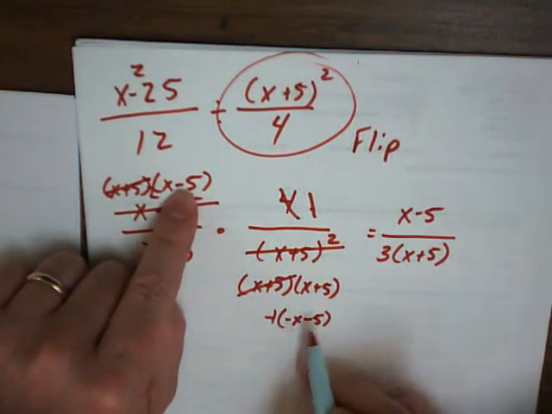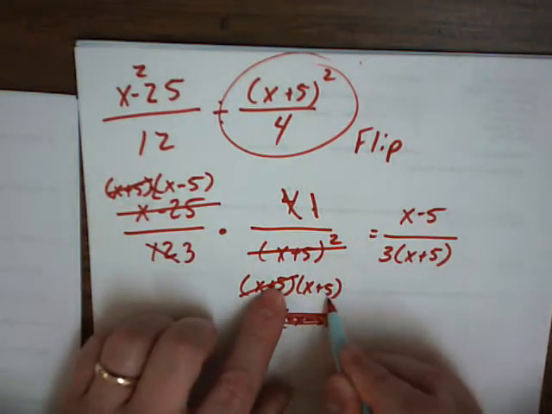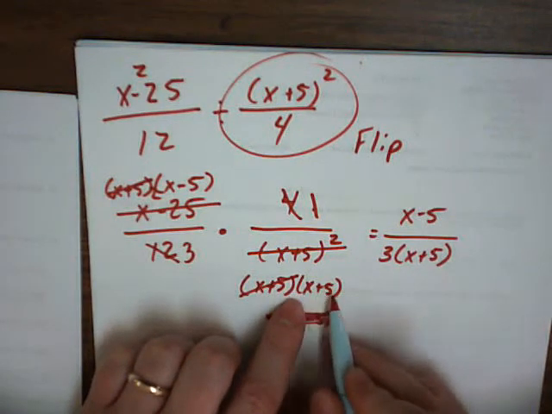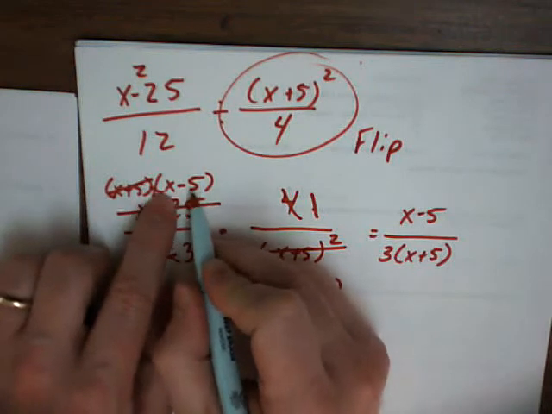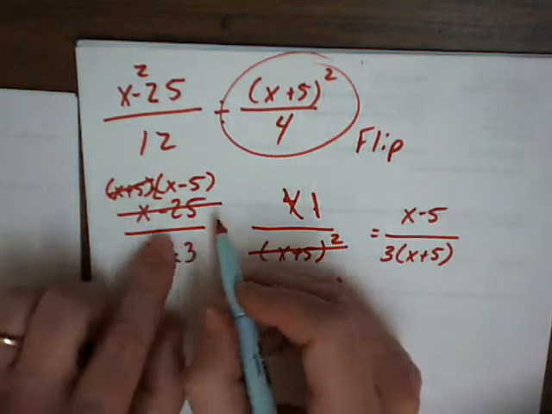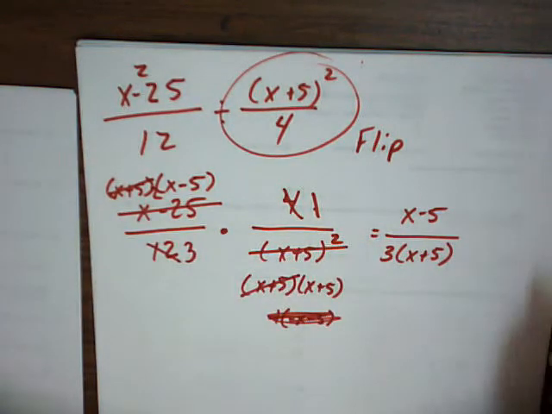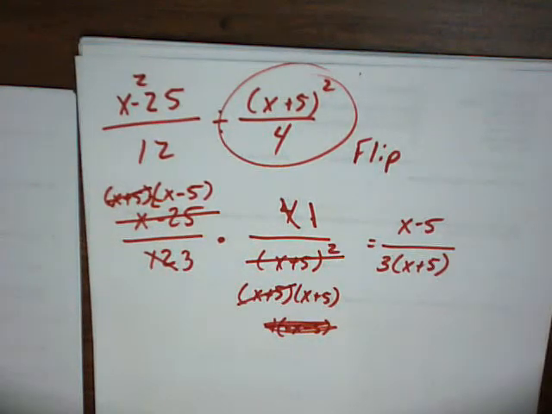Both terms in the binomial would have to be exactly the opposite sign. If it's x plus 5, it would be negative x minus 5. They have to be completely opposite. So that's why you don't have to do that like in the last example.